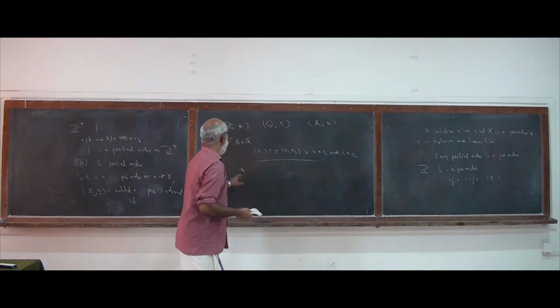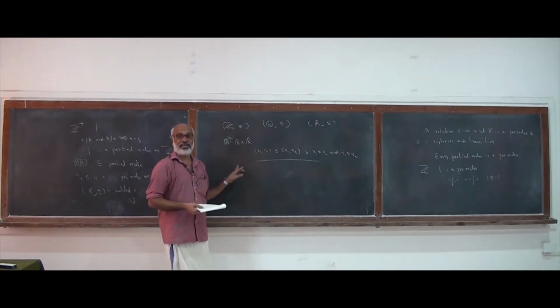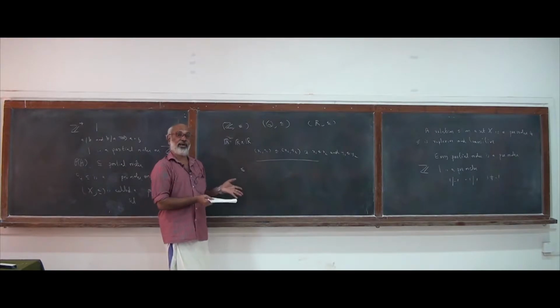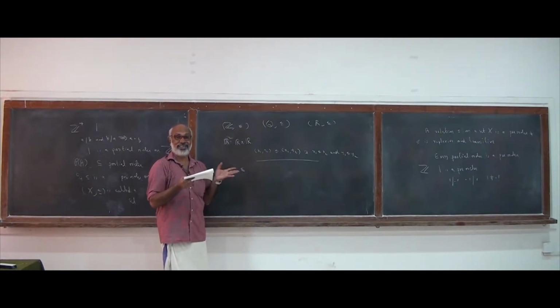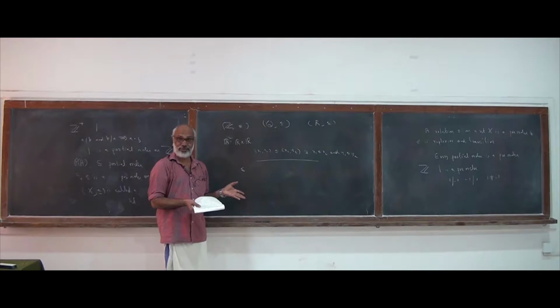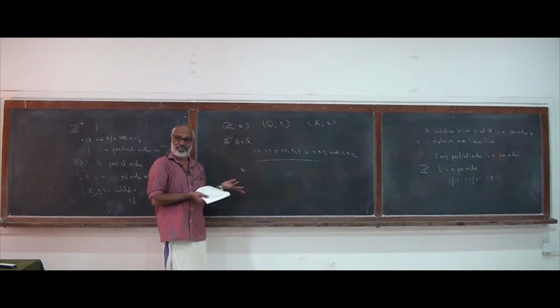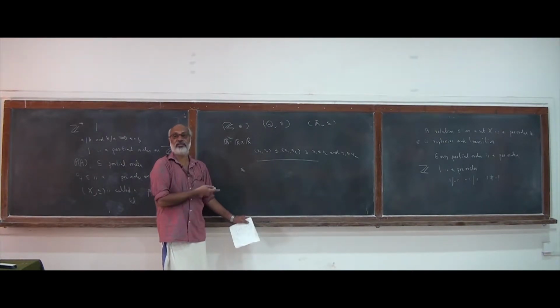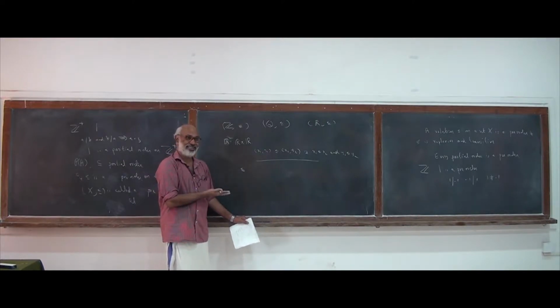But here I define less than or equal to as a relation on a set X satisfying reflexivity, transitivity and antisymmetry. This is just a relation. I am just using this notation, that's all.